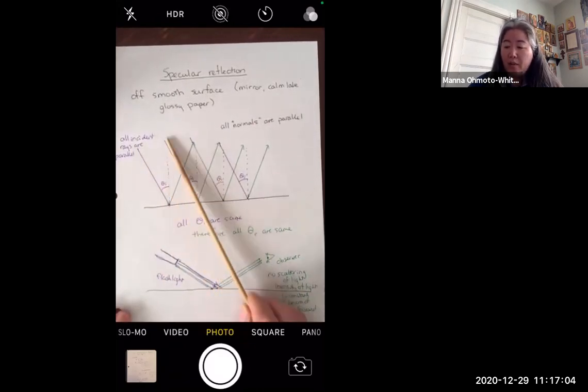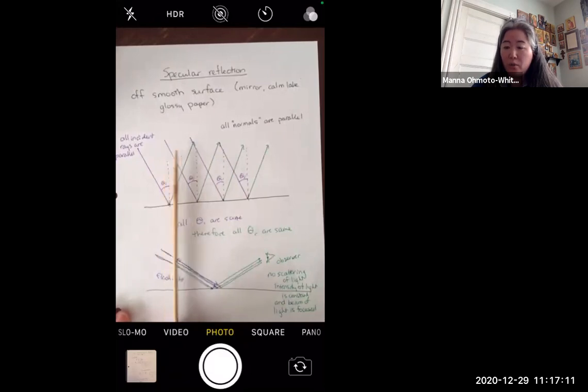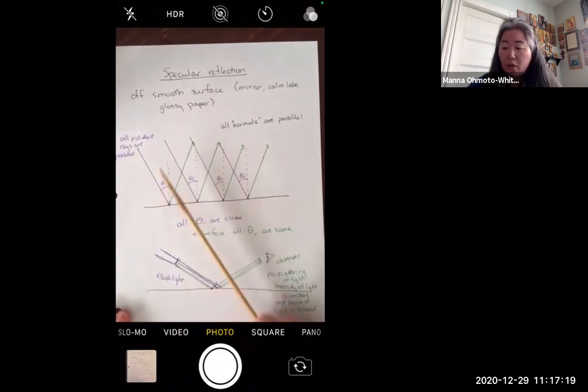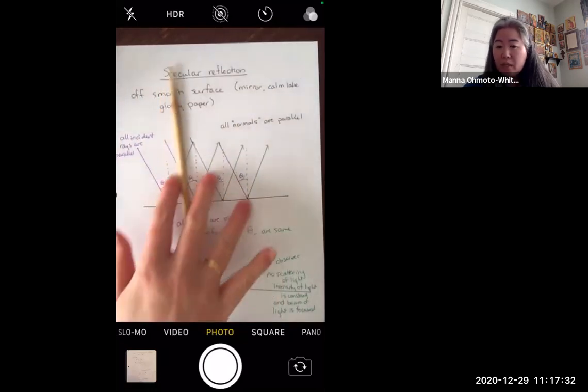If I have all my incident rays coming in parallel, and if this is a very smooth surface, all of the normals will be parallel to one another. So that means that all the theta i's, the incident angles to the normal, are going to be equal to one another. And if that's the case, all of the reflected light angles are going to be the same to the normal as well. And so the light that's coming in this way is going to bounce off cleanly this way.